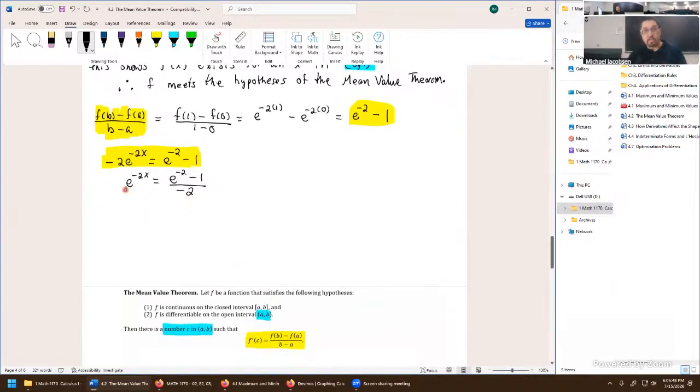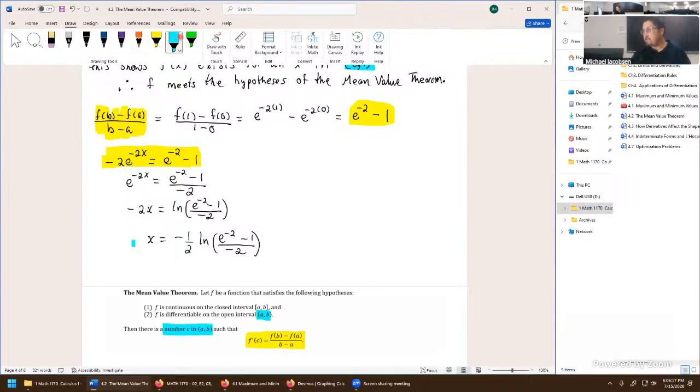Next step, take the natural log of both sides. When you do that, you get negative 2x on the left equals the natural log of e to the power negative 2 minus 1 over negative 2. Then divide by negative 2. So x equals negative 1/2 times the natural log of e to the power negative 2 minus 1, divided by negative 2.